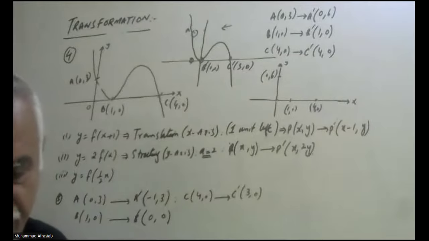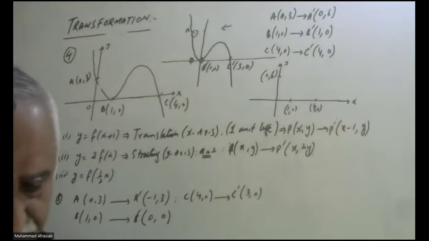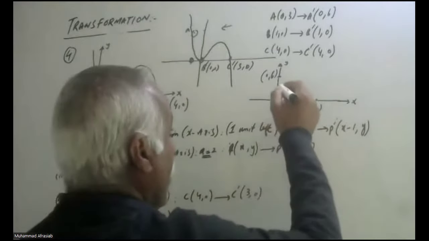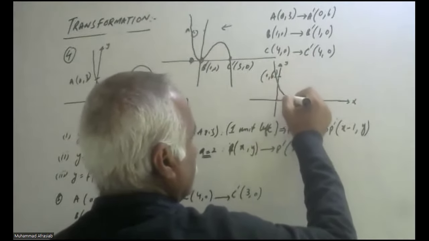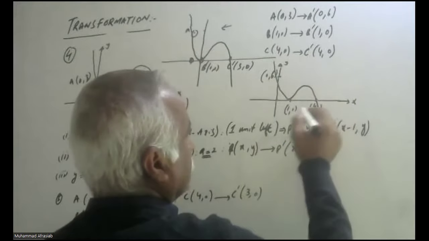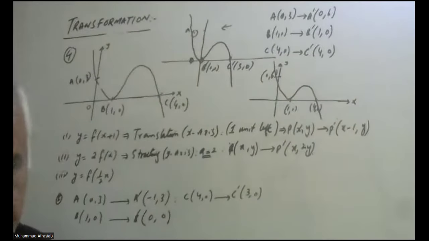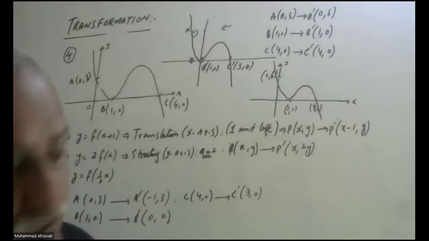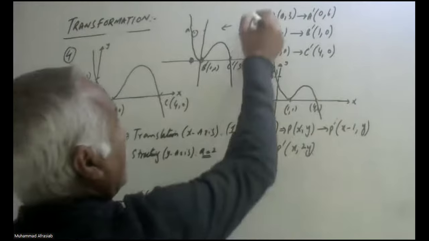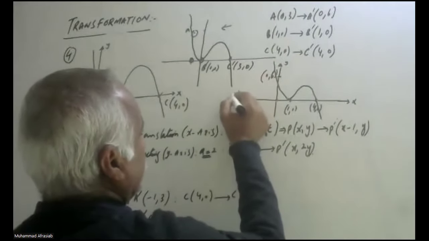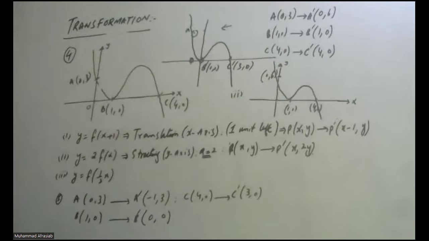So the same graph will be drawn like this. It is basically the stretching along the y-axis. Every value is going to be stretched along the y-axis with the scale factor of 2.